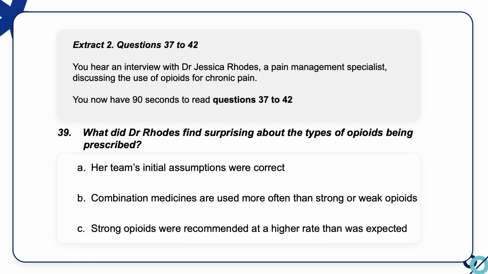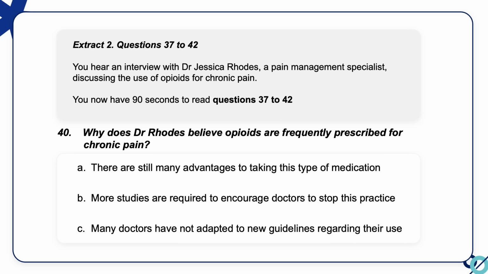However, weak opioids were prescribed in 8.5% of cases, and strong opioids, like oxycodone, were prescribed in 21% of the cases we saw. So what was shocking was that strong opioids are being prescribed quite often, much more frequently than we thought, which is quite concerning. Then, of course, the remaining cases were those that were prescribed combination medicines, which contained small amounts of a weak opioid. Why do you believe that opioids are being prescribed so often for chronic pain?